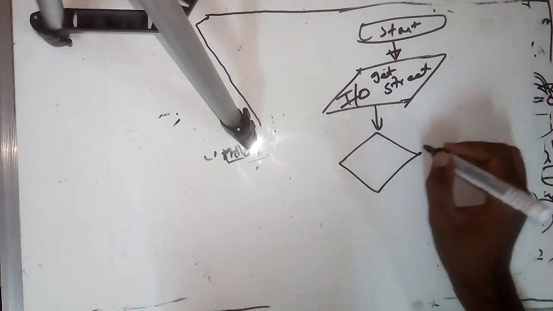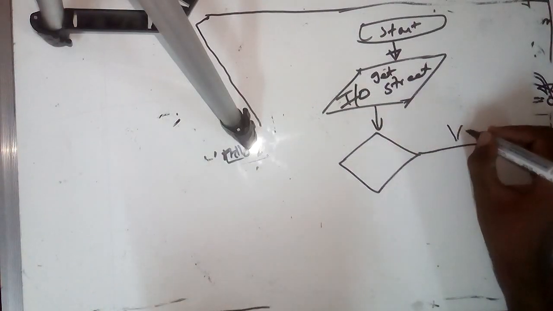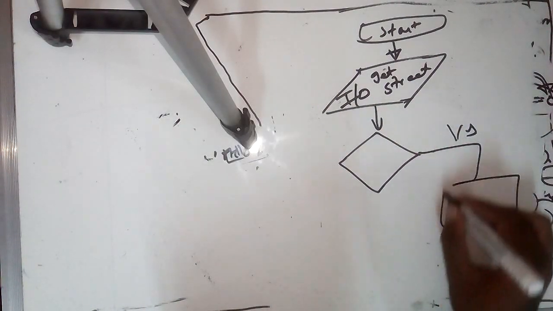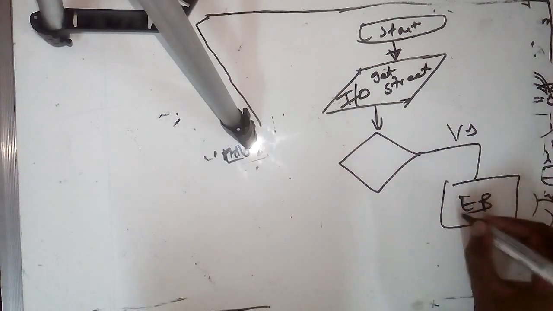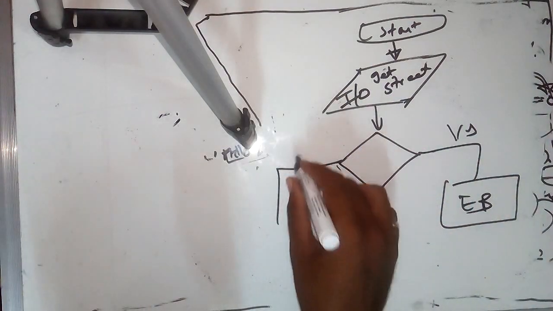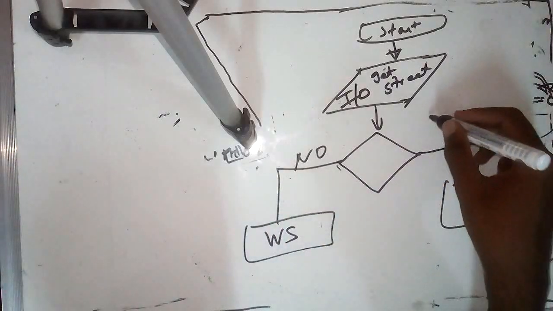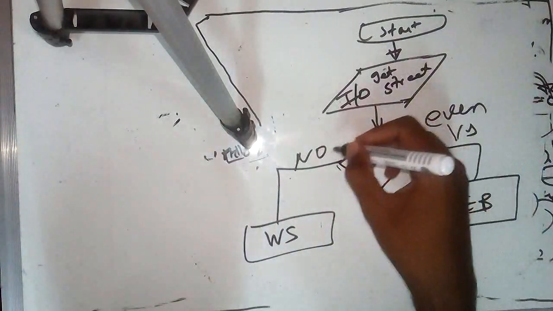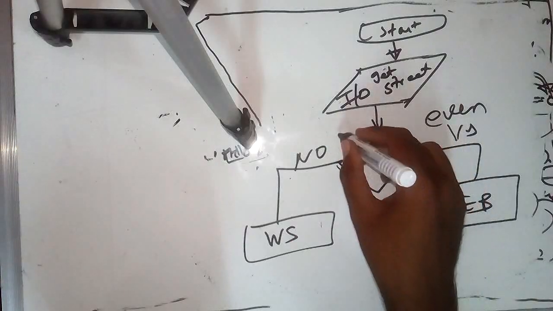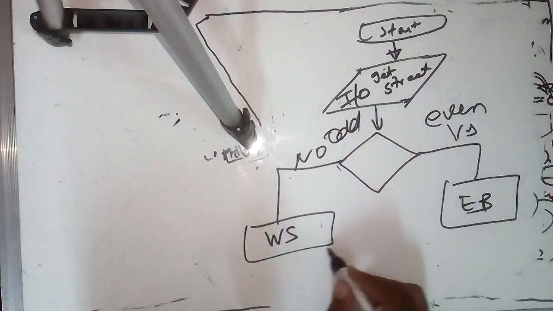If the decision is yes, it will display eastbound, and if it is no, then it will display westbound. If it is yes, that means it's even. If it's no, it means that it is odd, right?